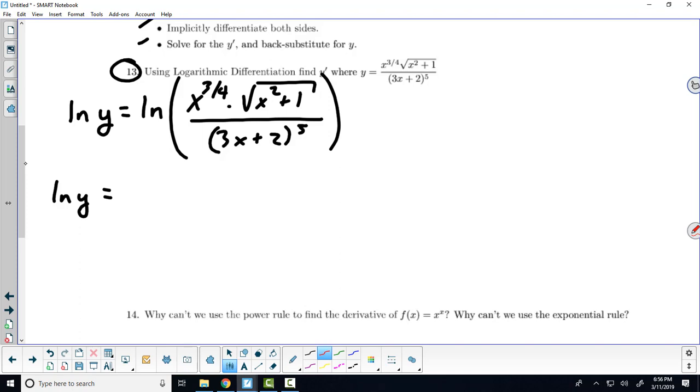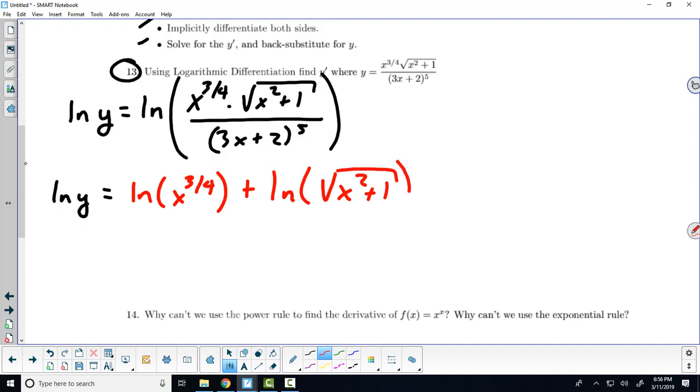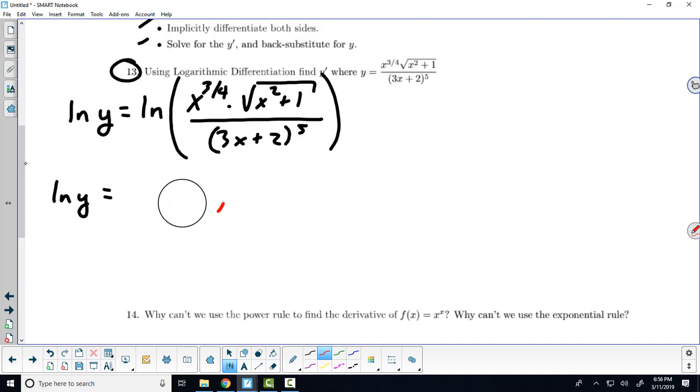In the numerator, I've got a multiplication, right? So I could rewrite that as the natural log of x to the 3/4 plus the natural log of the square root of x squared plus 1. I'm actually going to do a couple steps at once here just to save room.